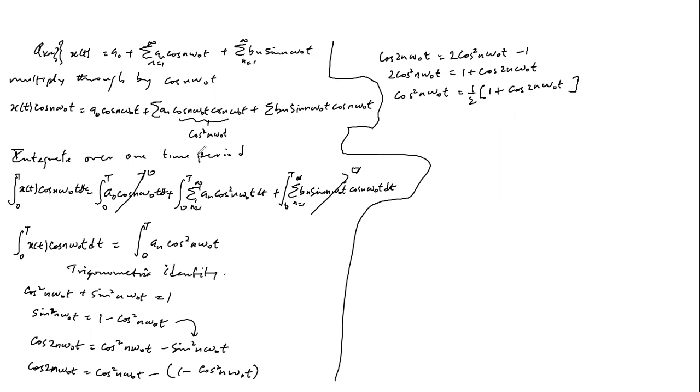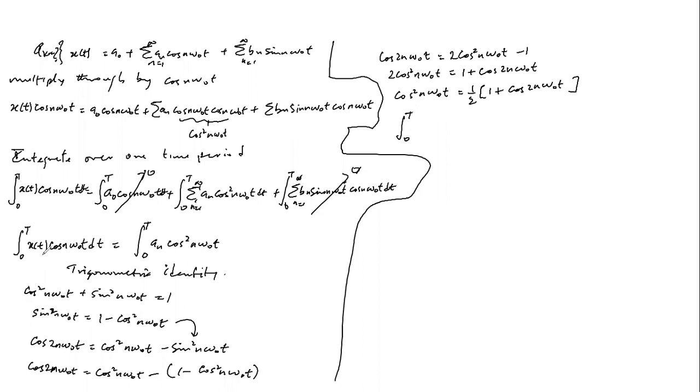So if we plug this into this expression, it means that cos squared n omega naught t is the same as 1 over 2 into bracket 1 plus cos 2n omega naught t. Okay, so once we plug in that parameter, then we should be able to integrate this entire process.